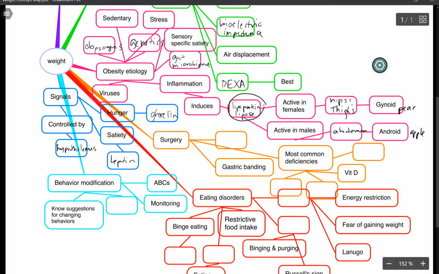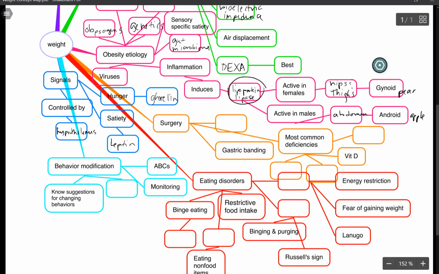We have several different things that we can do to try to control some of our food intake: behavior modifications, and suggestions for changing behaviors. There's the ABCs of dietary modification. There's monitoring like journaling. And then there's goal setting. So we want to make sure that these goals are small and able to be monitored and achievable. Make sure they're SMART goals.